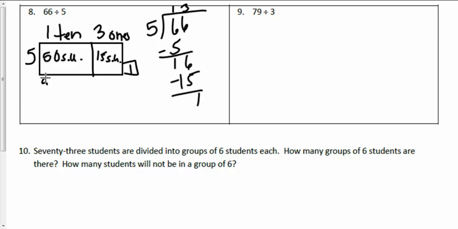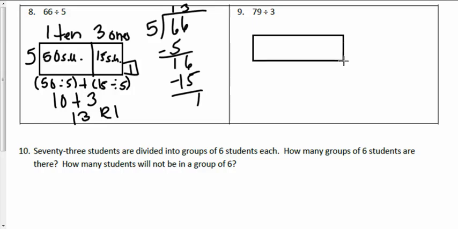Using the distributive property, I have 50 divided by 5 plus 15 divided by 5. That would be 10 plus 3, which is 13, with a remainder of 1.